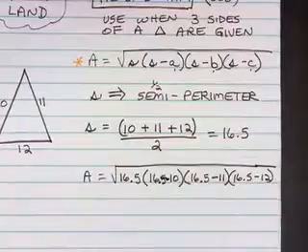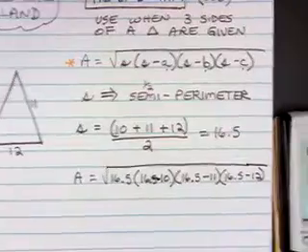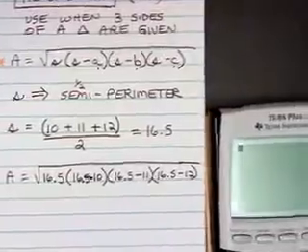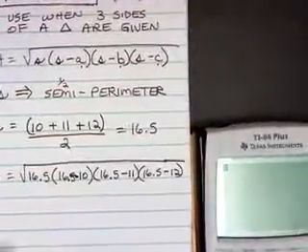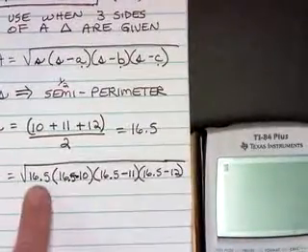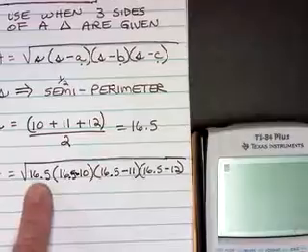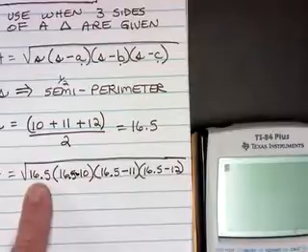Okay, when you work this on your calculator, please do not do the square root. Save that for the very end. Let's just do what's underneath first. If you're trying to do it all in one step, you have to use double parentheses, and that's very confusing.